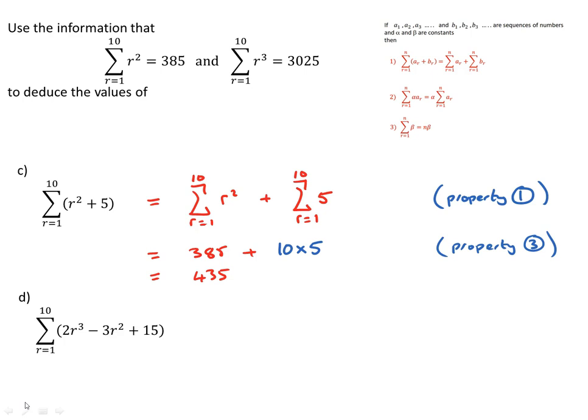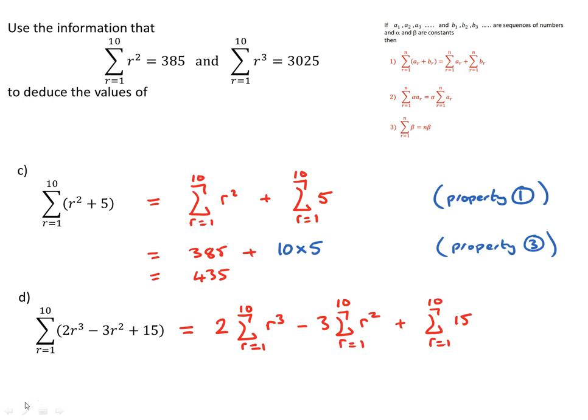And finally, we've got the sum between r equals 1 and 10 of 2r cubed minus 3r squared plus 15. Then, using properties 1 and 2, we can say that that's the same thing as 2 times the sum between r equals 1 and 10 of r cubed, take away 3 times the sum between r equals 1 and 10 of r squared, plus the sum between r equals 1 and 10 of 15.